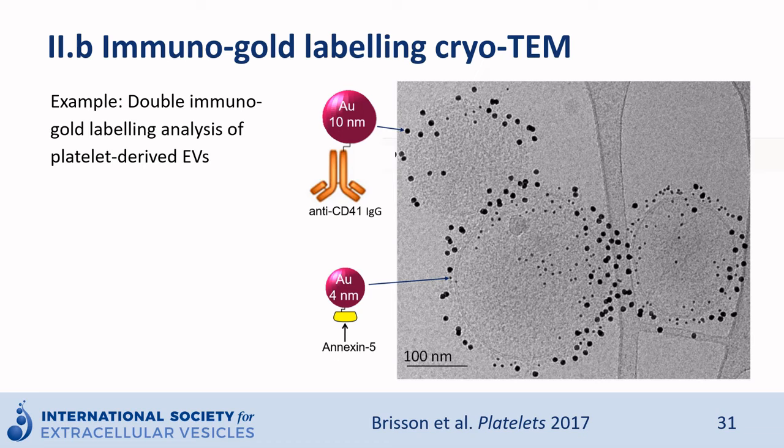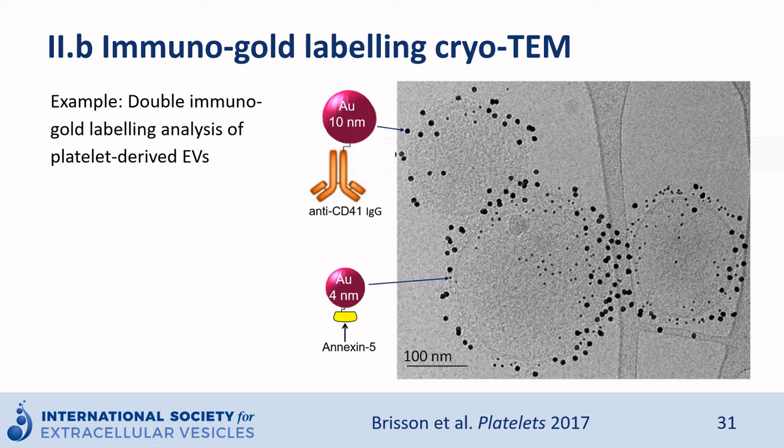Here is another example of a double immuno-gold labeling study applied to EVs derived from human platelets. Two types of gold particles: large gold particles of 10 nanometer diameter, which are conjugated to an antibody against the antigen CD41, which is specific of blood platelets.